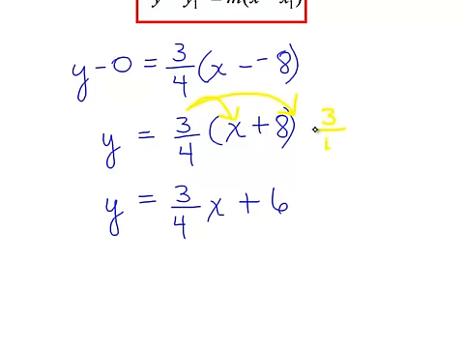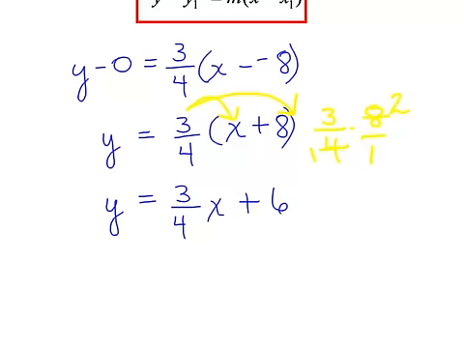That's just 3/4 times 8 over 1. The 4 will cancel. That will go into that 1 time. 4 will go into 8 2 times. That's how I got 6. This answer, many teachers like it in this answer. This is slope-intercept form. Y is by itself.